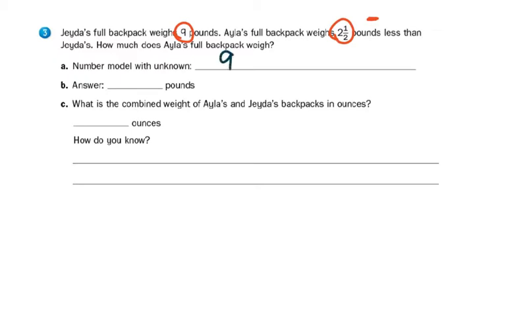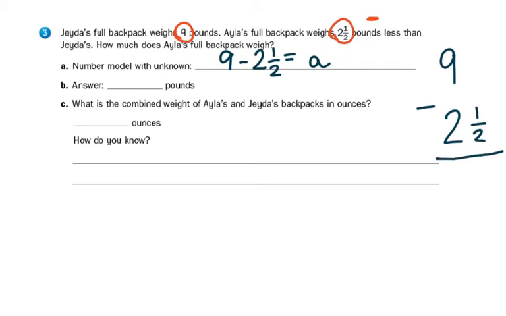Jada's is 9, and Ayla's is 2.5 less than. So I'm going to put A for Ayla. Let's do that. So over here, I'm going to take 9 minus 2.5. I cannot subtract half from nothing, so I'm going to borrow from the 9 and make it 8.